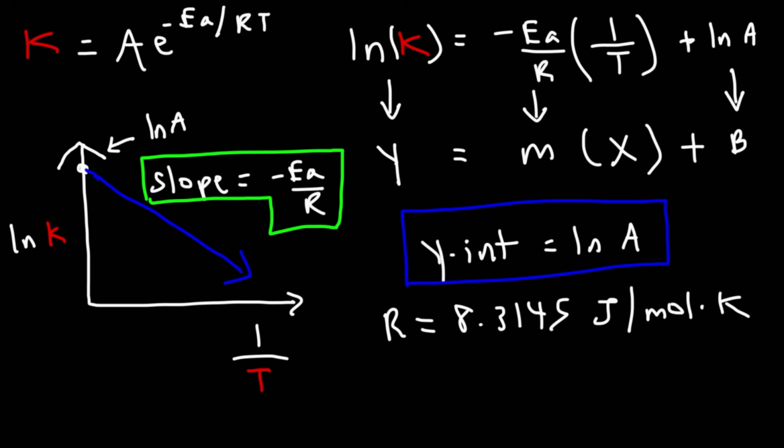Because R has the units joules and moles, the activation energy, which is typically reported in kilojoules per mole, needs to be in joules per mole when you use it in these formulas. So when reporting the activation energy, you want your answer to be in kilojoules per mole, but whenever you plug it into one of these formulas, you need to convert it to joules per mole. So make sure to be aware of that.